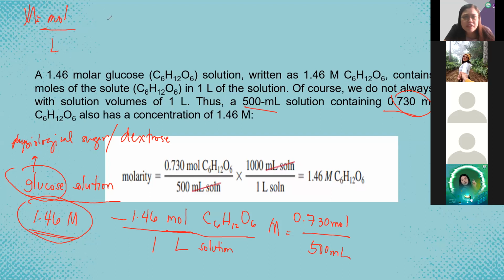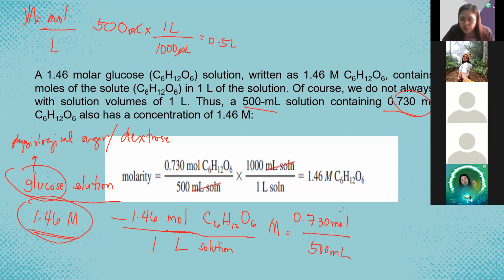How do we convert 500 mL? What is our conversion factor? Divided by 1,000. Okay, very good. In one liter, we have 1,000 mL. So cancel this, and you will get 0.5 liters.